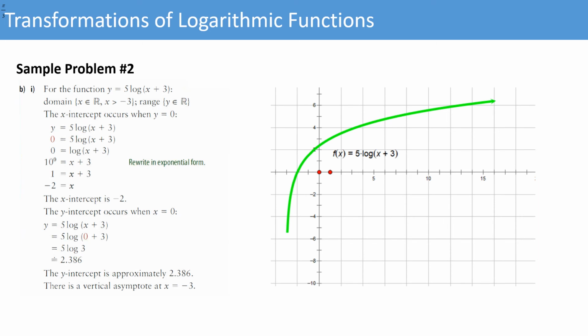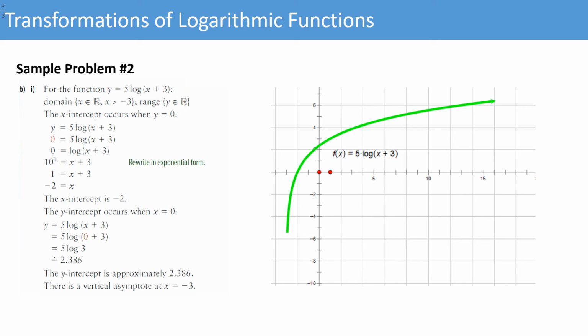Sample problem number 2, part B. For the function y equals 5 log(x plus 3) as shown in the diagram, the domain is x is an element of the real numbers and x is greater than negative 3. The range, y is an element of the real numbers. The x-intercept occurs when y is equal to 0. How do we know this?